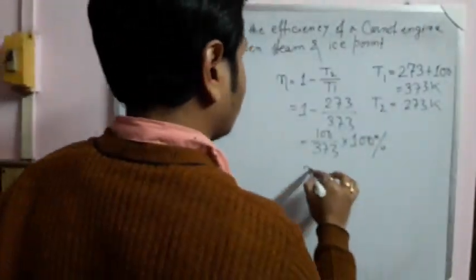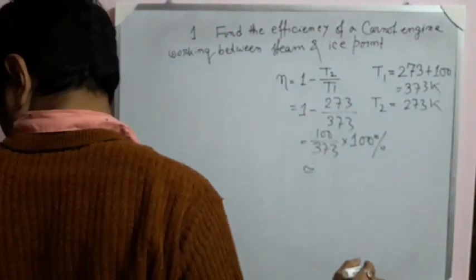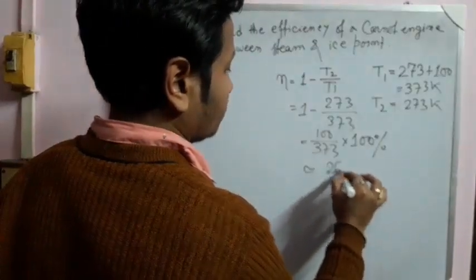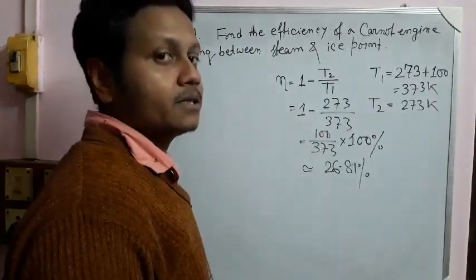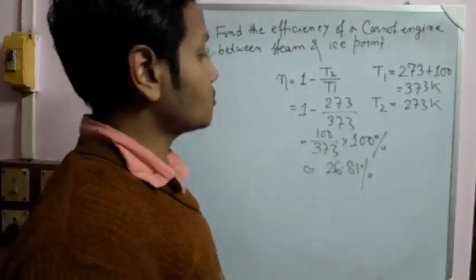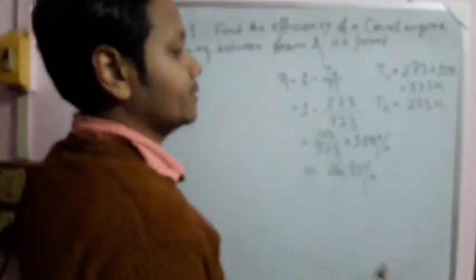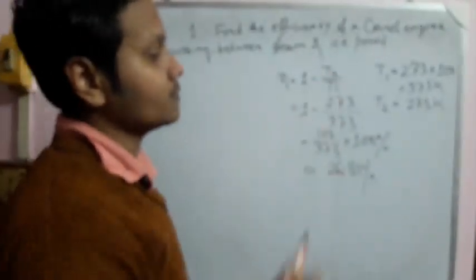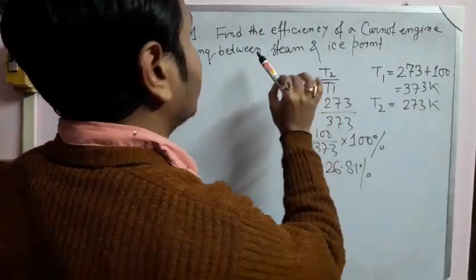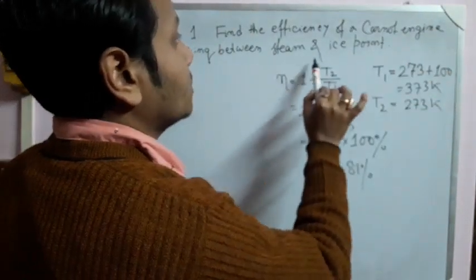Just do it in a calculator or mobile. The result is 26.8%.